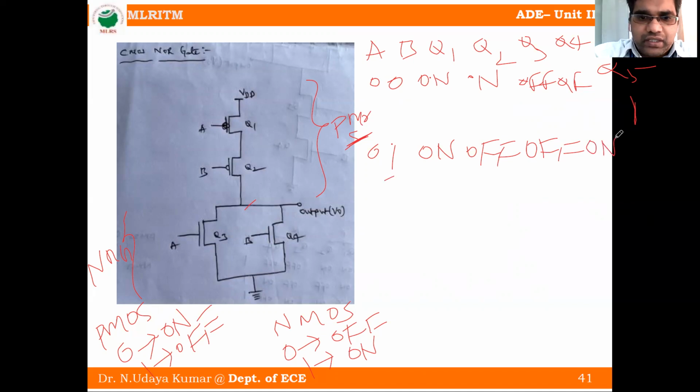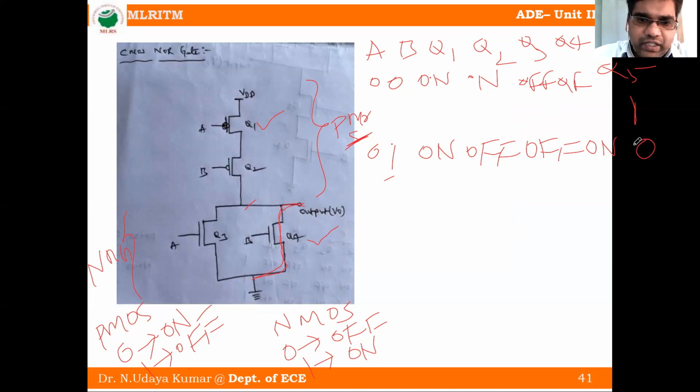That means Q4 is on and Q1 is on, but Q2 is off, so there is no connection between VDD and V0. Q4 is on, so the output is directly connected to the ground. So we will get V0 equal to 0.